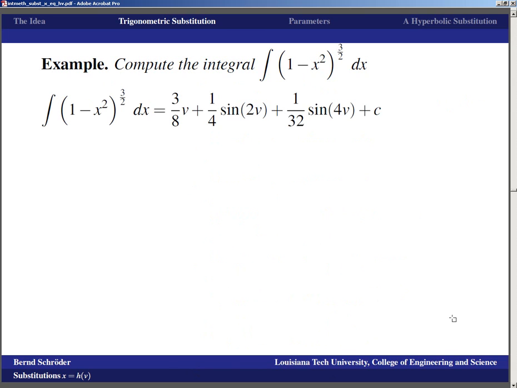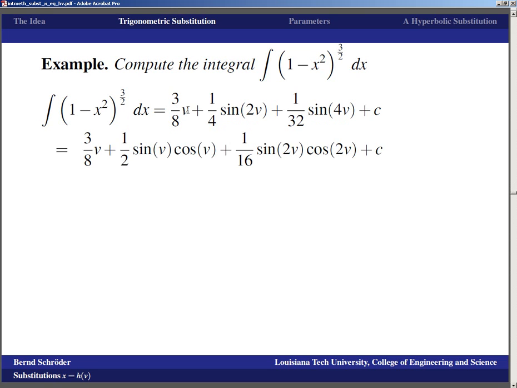Okay, so now we have our antiderivative, but the antiderivative is in terms of v. We want to have it in terms of x. Well, we know that v is going to be arcsine of x, but then these patterns here will be very ugly. So now we're going to use double angle identities to reduce things back to sines and cosines. So 3/8 v stays.